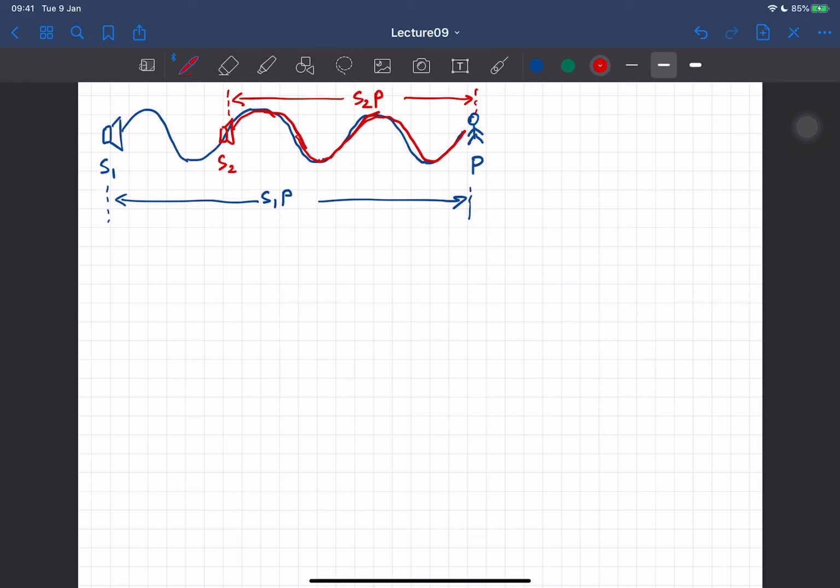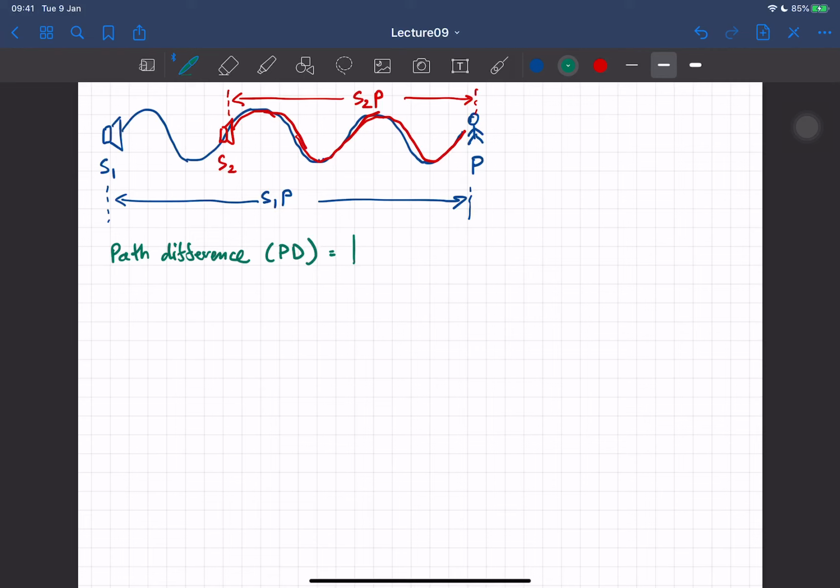Okay, so these two distances are the parameters that depend on where the two speakers are. And we're going to define the thing which is called path difference. As you can guess from the name, path difference, or PD, is just the difference in the path from the two sources to the observing point P. So in this case, we're going to put an absolute sign because you can subtract one from the other.